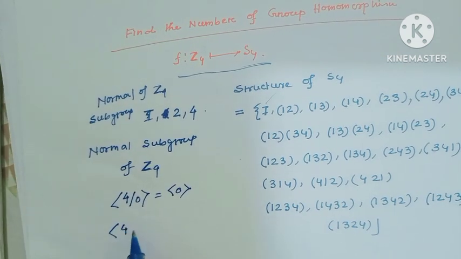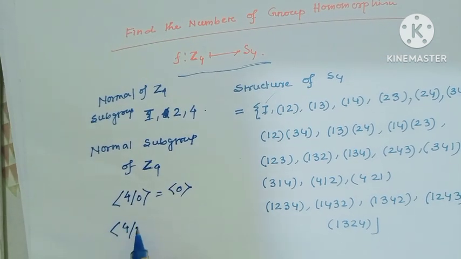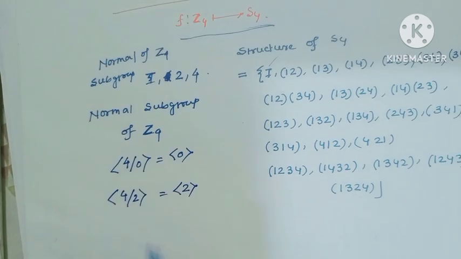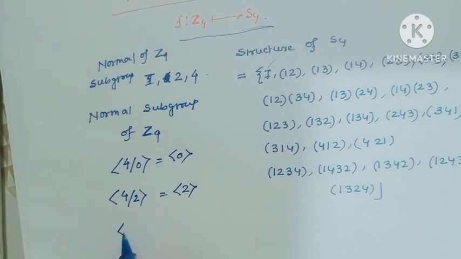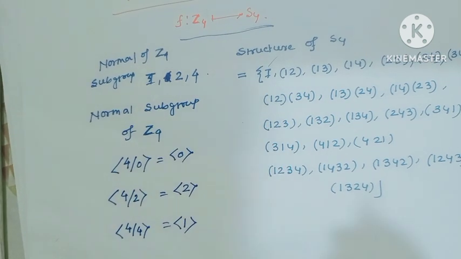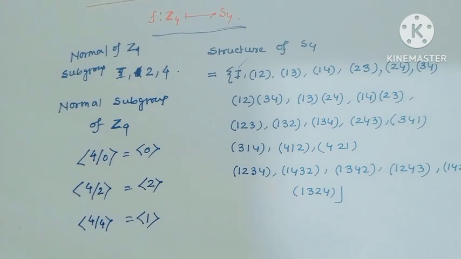The cyclic subgroup generated by 4 modulo 2, this is actually the cyclic subgroup generated by 2, and 4 modulo 4, this is the cyclic subgroup generated by 1. These are the normal subgroups of Z4.